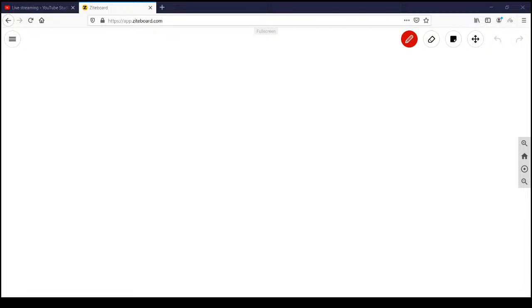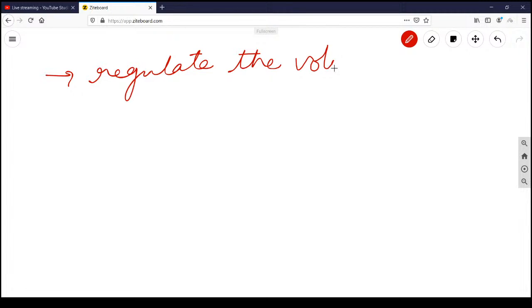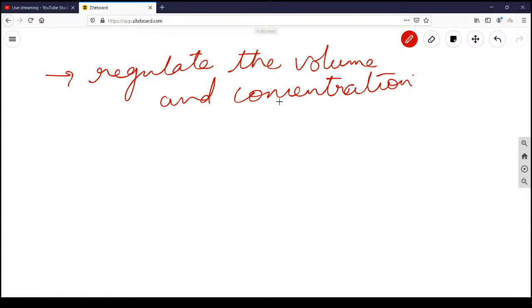The kidneys couple two countercurrent mechanisms to establish the condition necessary to regulate the volume and concentration of urine. Listen to this extremely carefully, as this concept is very important, and directly this concept is applied in that question.